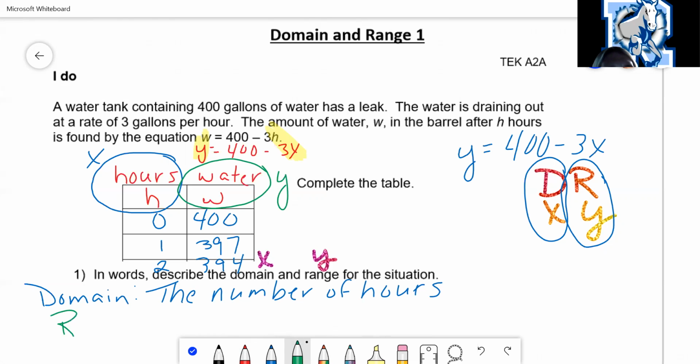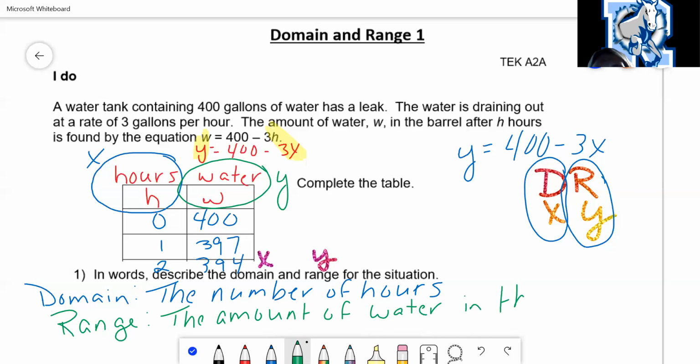So my range is going to be the amount of water in the barrel. Let me give you a second. Make sure that you have that written down. If you need to pause it, you can do that.